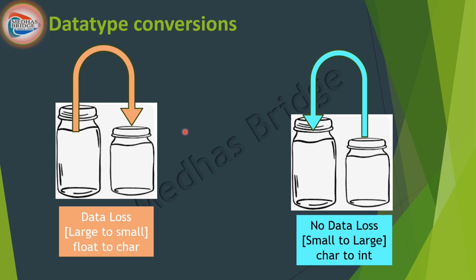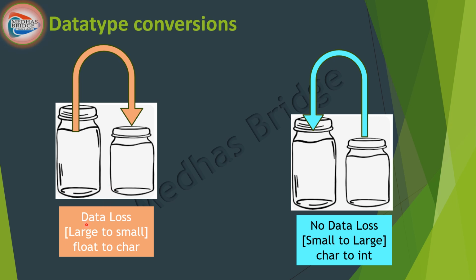To illustrate that, let's say I have a big jar and a small jar. If I try to pour all the liquid from the big jar into the small jar, what would happen? There must be an overflow, right? That means you are dropping some of the liquid out of the small jar, because the amount of liquid the bigger one is holding might not fit in the smaller one.